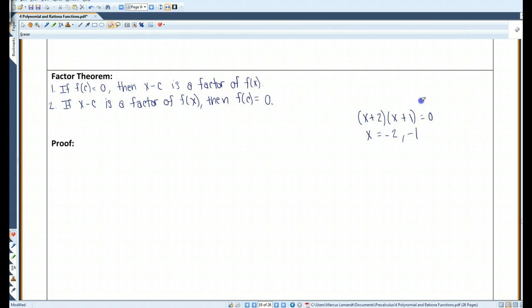As soon as I erase all this over here. You can keep it in your notes if you want. Alright, before, when we were talking about the division algorithm, we ended up with a function that looked like this. Suppose that f of c equals 0.